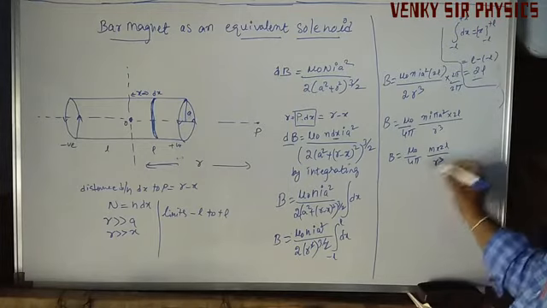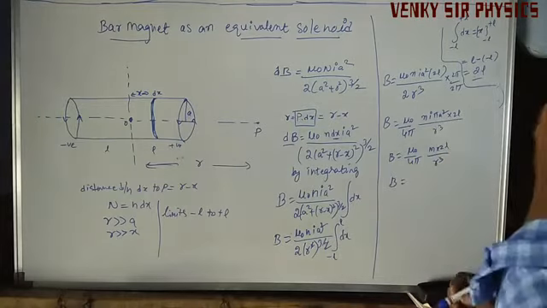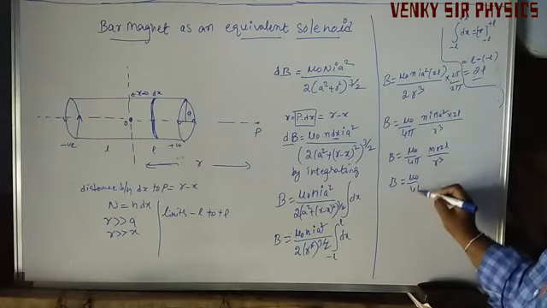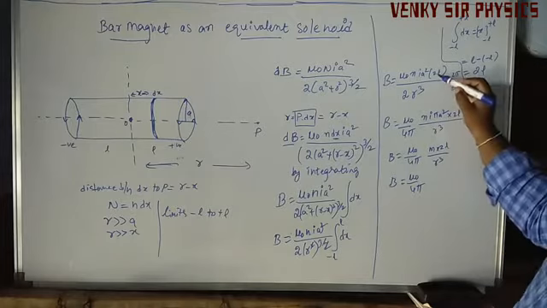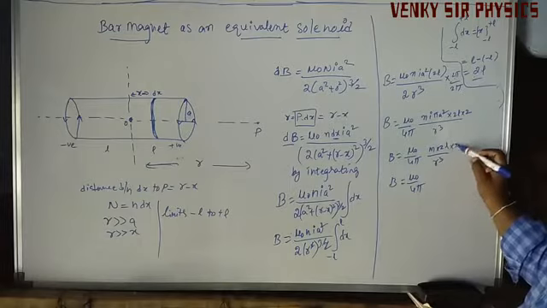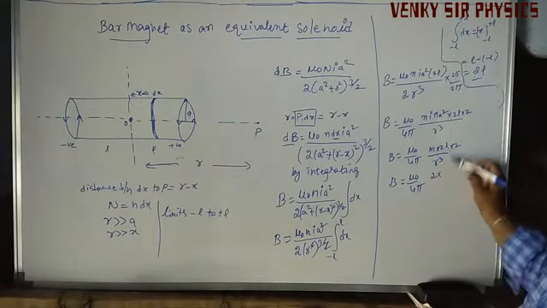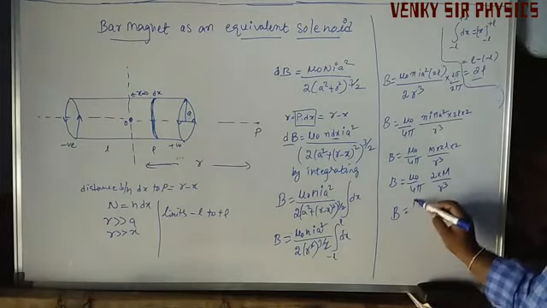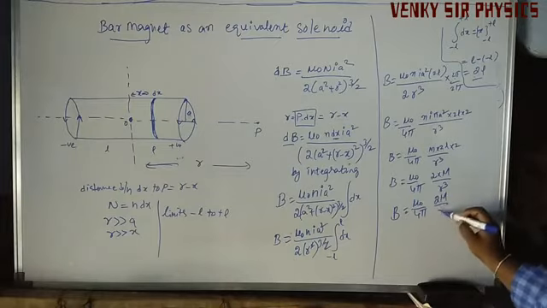So m into 2L, with the 2 already there, mu naught by 4 pi, and 2L, again we can have 2, m into 2L, capital M, divided by r cubed. B is equal to mu naught by 4 pi, 2M by r cubed.